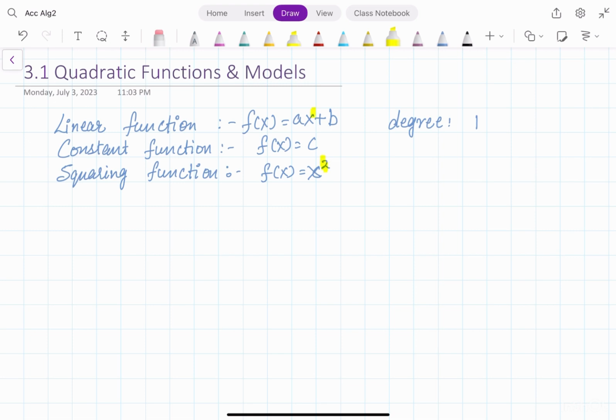For a linear function, the degree is 1. For a constant, the degree is 0. And for the squaring function, the degree is 2. So we can say that polynomial functions are classified by degrees.